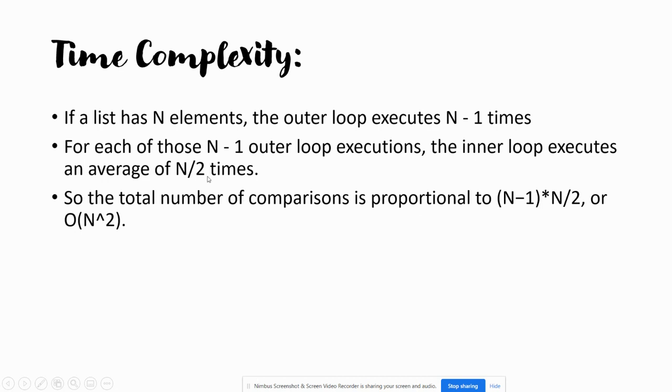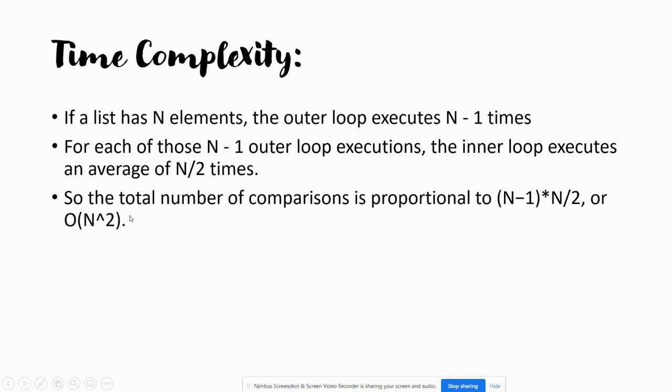If we take these amounts into consideration, the total number of comparisons will be proportional to n minus 1 for the outer loop, multiplied by n divided by 2 for the inner loop. So that is n minus 1 multiplied by n by 2, which gives n square by 2 minus n by 2.